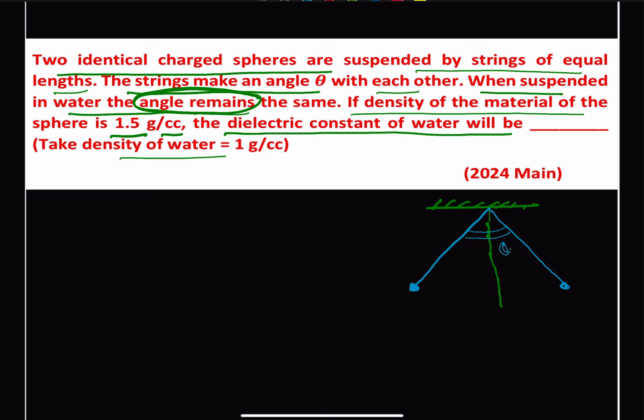So obviously there will be force of repulsion F in this direction, and the other will also be F, and in the downward direction we are going to have mg, and here also mg. There will be tension in the string, and that tension is T. The strings make angle theta with each other, so the angle with the vertical will be theta by 2.